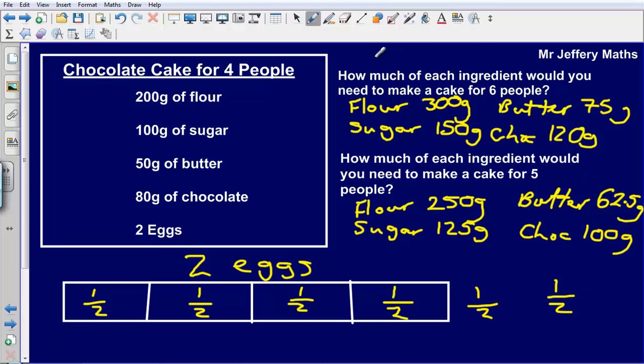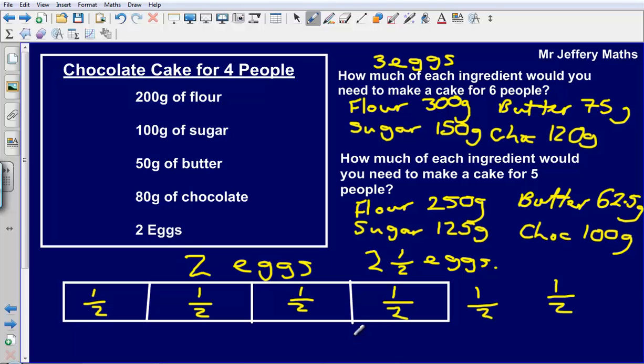So for 6 people, I'll need 3 eggs. And for 5 people, I'm going to need half plus a half is 1, plus another 2 halves, 2, then a half on top of that, so I'm going to need 2.5 eggs. I don't know how exactly you might go about having half an egg, but there you go.